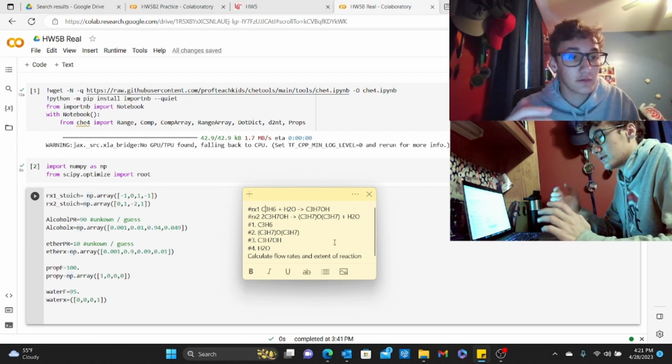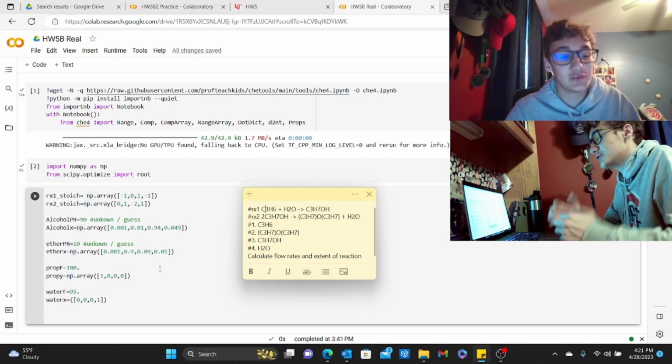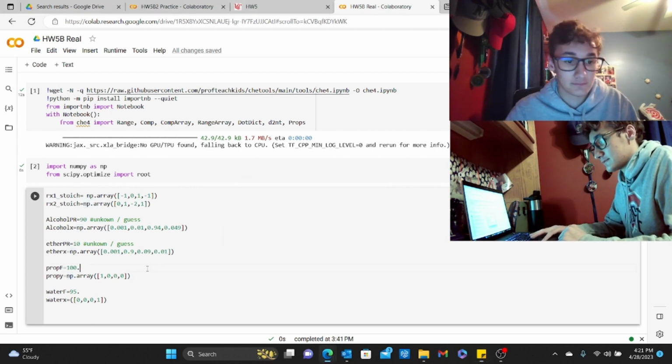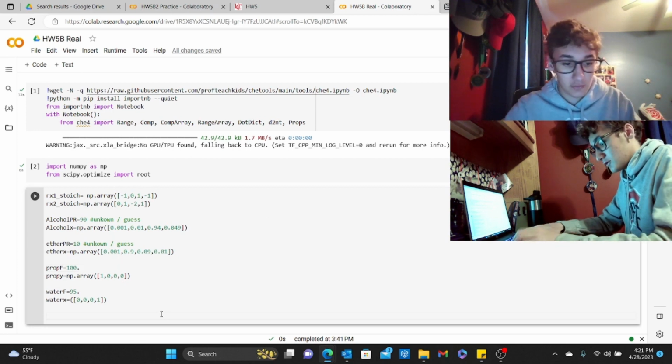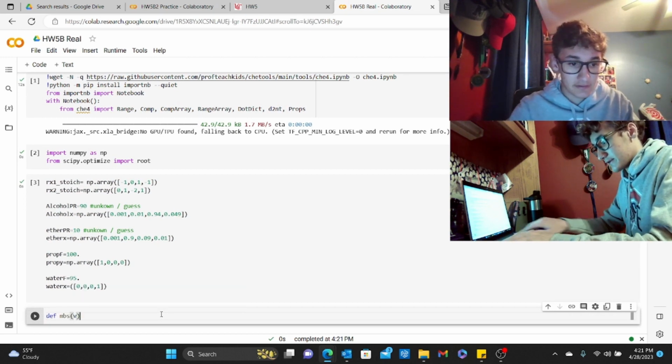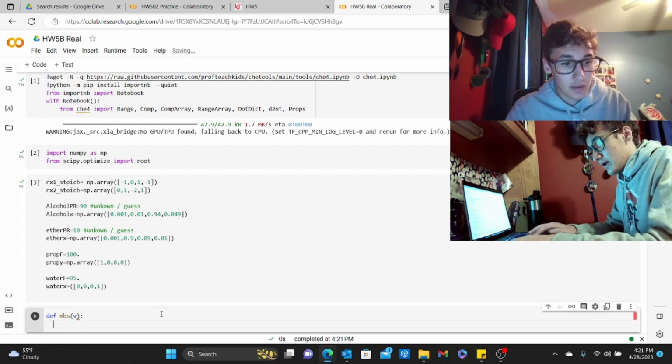We're going to create our equation, and we're going to use root solver to get that equation to 0, which will then give us our 4 variables. So what should we define this as? We're going to define this as MBS. We're going to call that a vector. And let's see.